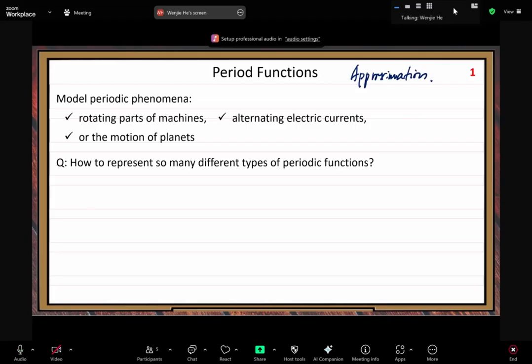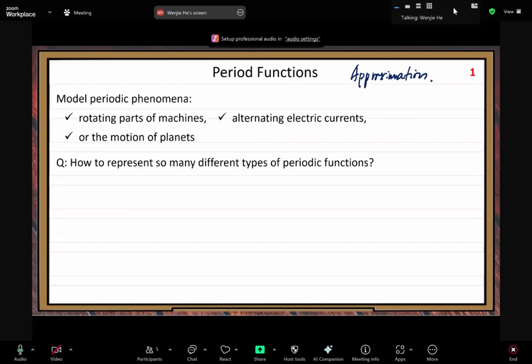If you choose the wrong structure, not compatible, when you match two different objects with incompatible structures, then your approximation will be very bad. So when you choose the model functions, when you do the modeling, the first thing is to make the structure right.